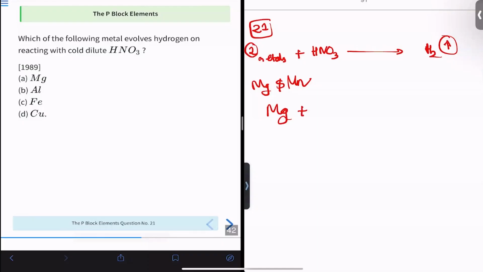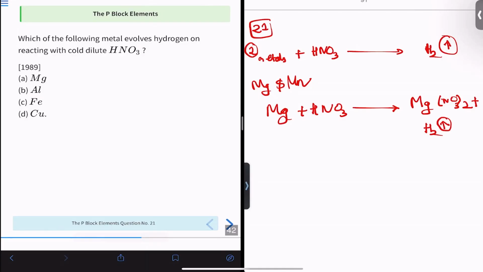So when magnesium reacts with nitric acid, it will give rise to magnesium nitrate, with hydrogen gas evolved. I hope it's very clear for you now.